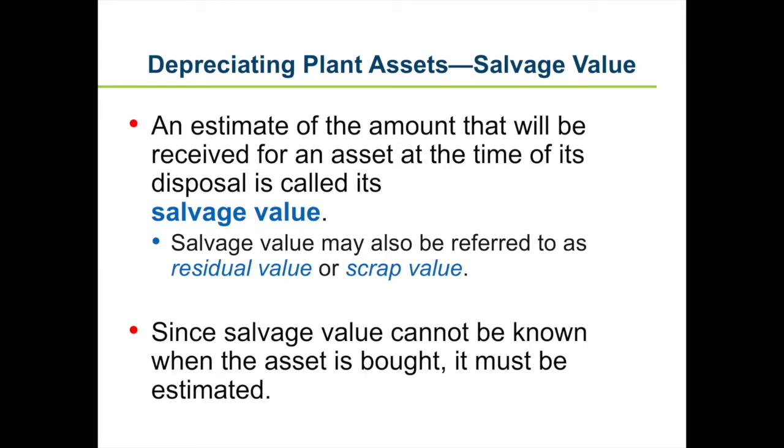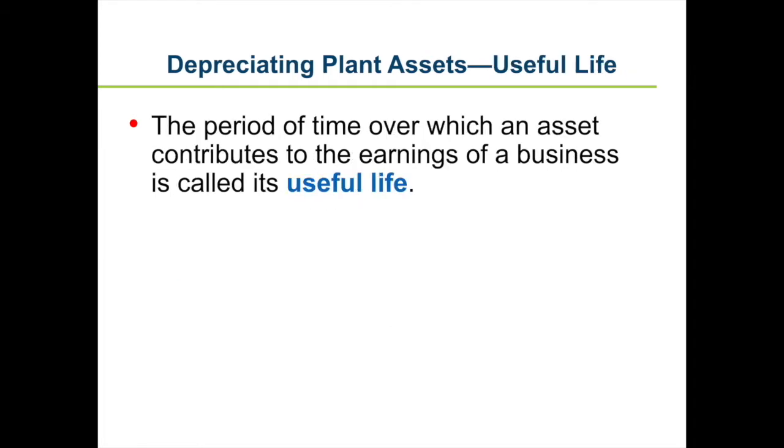The amount an owner expects to receive when the plant asset is removed from use is called its estimated salvage value. The period of time over which an asset contributes to the earning of a business is called its useful life. When a plant asset is bought, the exact length of useful life cannot be known. Therefore, the number of years of useful life must also be an estimate.